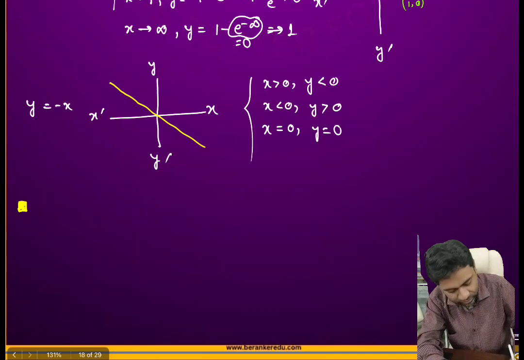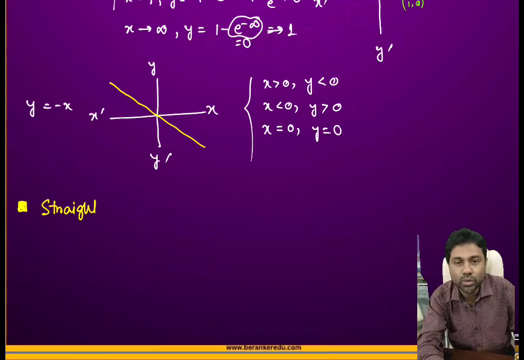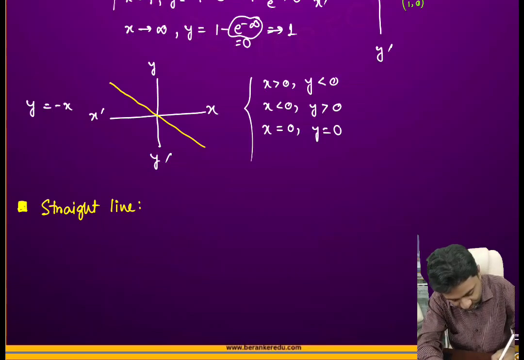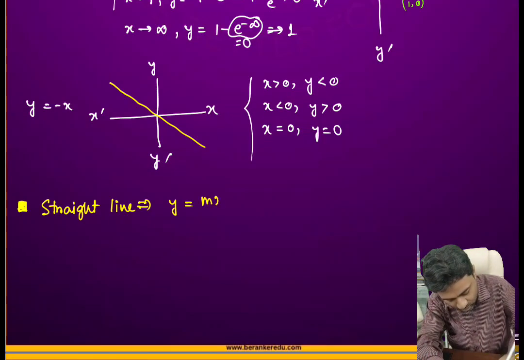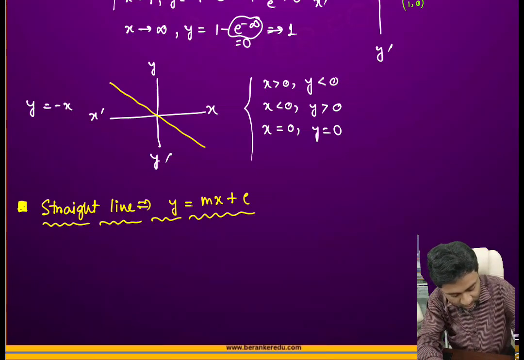Now, a particular graph of straight line, basically depending on the equation y equal to mx plus c, that's that form. That's very important. We will require this knowledge to analyze problems in physics. Straight line can be expressed in many a way.